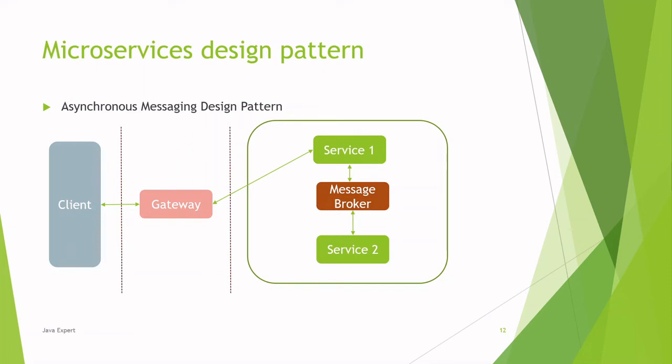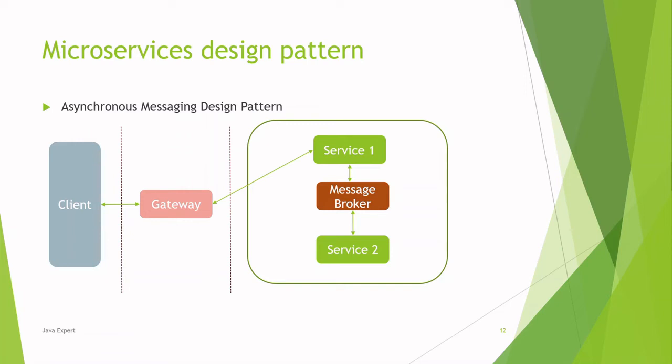Next, asynchronous messaging design pattern. The name tells that it's an asynchronous call, right? So when a client is calling the gateway to service 1, now service 1 wants to call service 2. Whatever we have seen in the earlier diagram is a synchronous call. Service 1 will call service 2, get the response immediately, and the response is sent back to the client. In the case of the asynchronous messaging design pattern, it will not be a direct REST call or a synchronous call, right?